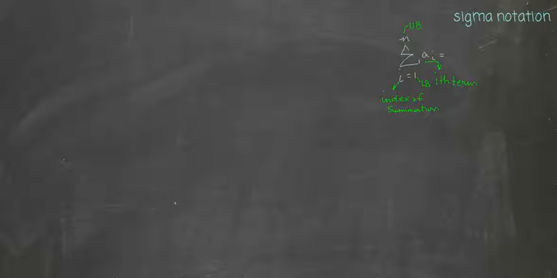So let's go ahead and put this together as a sum that we can look at just to remind ourselves how they're used. Let's find the sum of i values, input values, beginning at 1 and ending at 4 for 2i.